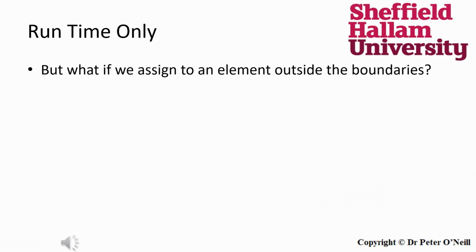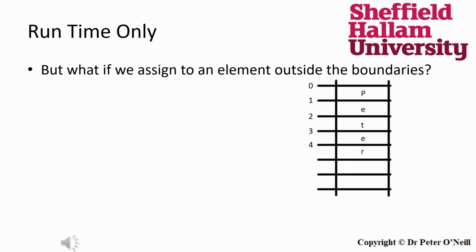But what if we want to assign an element outside the boundary? So here's our representation again. It's name at offset 5, which doesn't exist because we only declared 4. And the actual code will complain profusely.